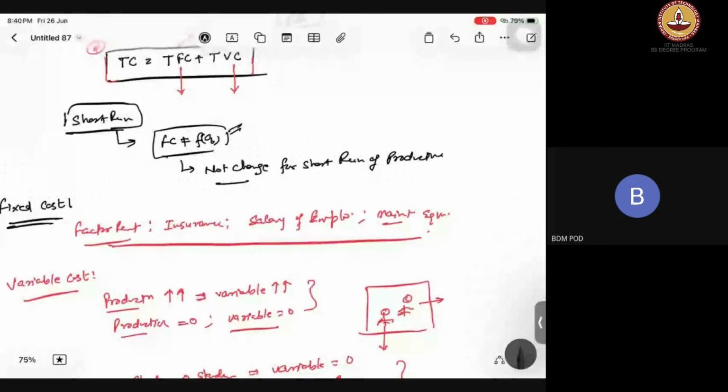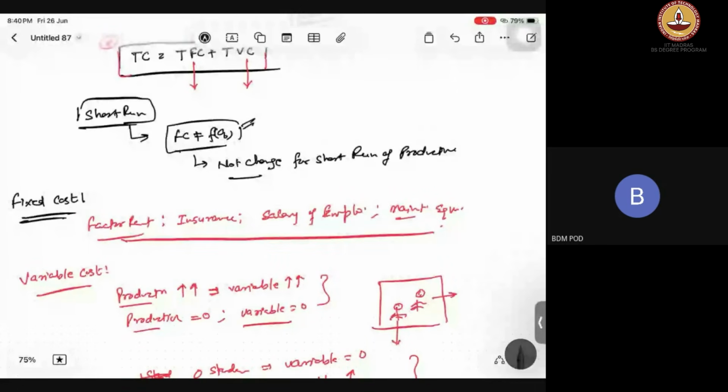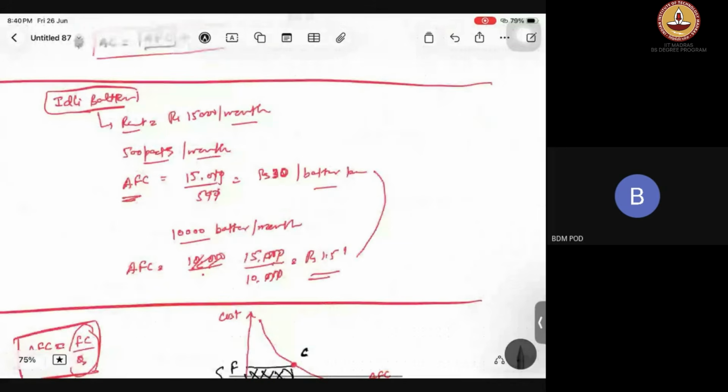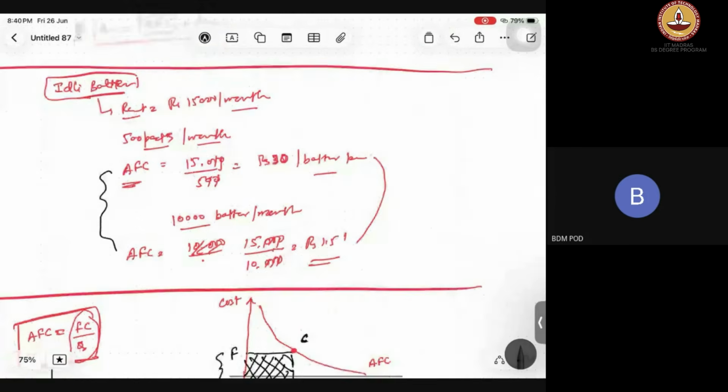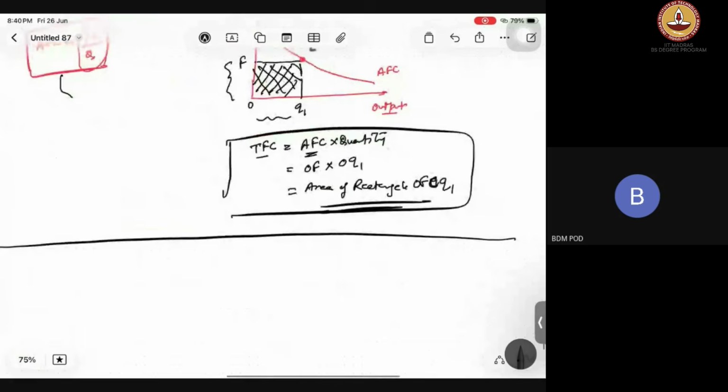If we have 2 inputs, for the shorter run we are fixing 1 input that is not going to change, like land, rent. Oh, I got it, sir. But when the quantity is increasing, AFC can always vary, but TFC is correct, absolutely correct.